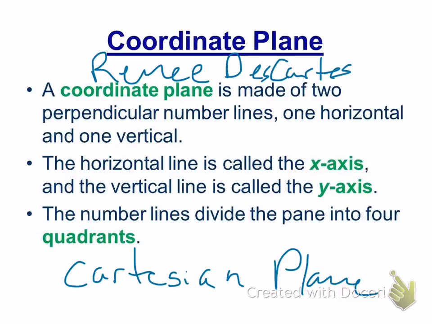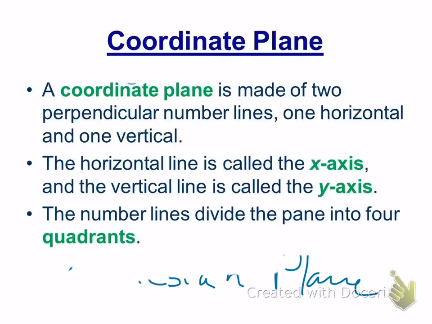He was a French mathematician, and so this Cartesian plane goes back to him in some ways. Maybe he formulated it and did something to it. And mathematicians are notorious for naming things after themselves, or we name the thing after them post-mortem, right? So the number line divides the plane into 4 quadrants.